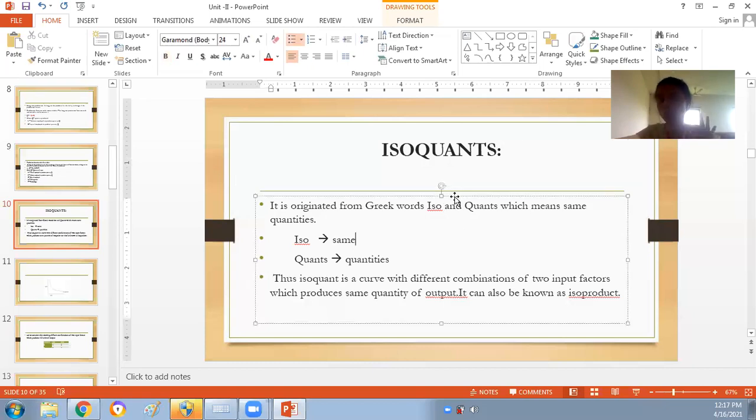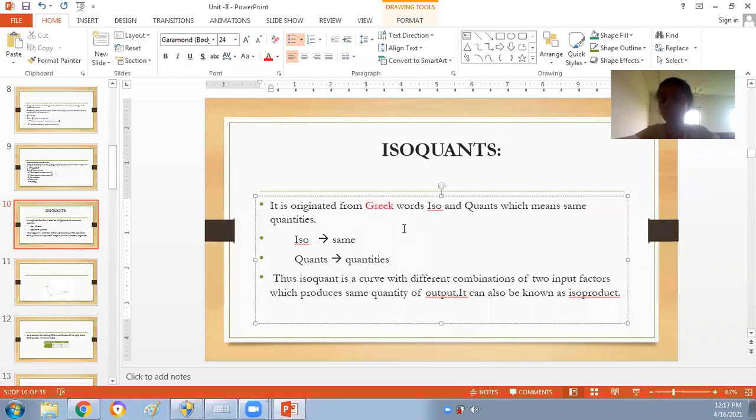Now, iso, as the name itself says, is a combination of two words: iso and quants. Isoquants. Now, what is it? Basically, the term isoquants has been derived from a Greek word.